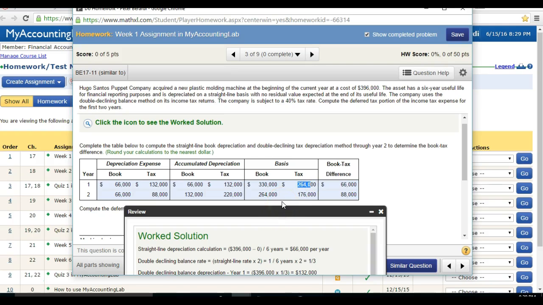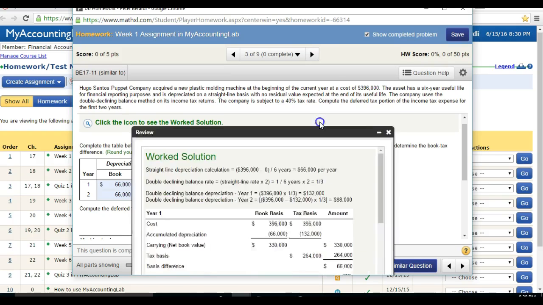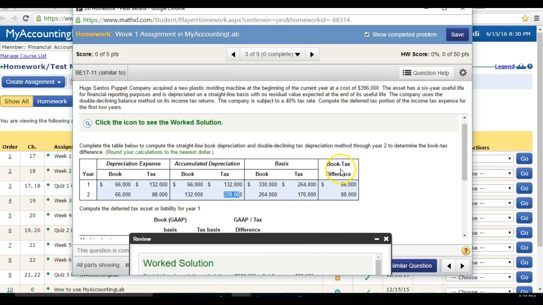On the tax side, your basis for your asset is going to be the 396 minus the 132,000, which gives you 264. And you're going to do the same for year 2. 396 minus your accumulated depreciation of 220 gives you 176. The book tax difference is going to be book minus tax, and 264 minus 176 gives you the 88.